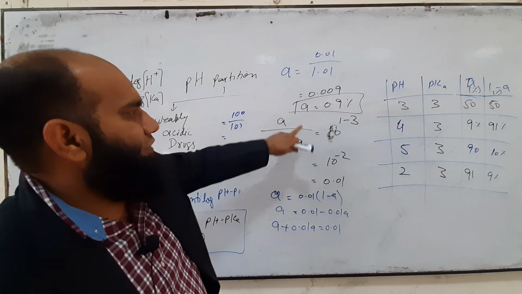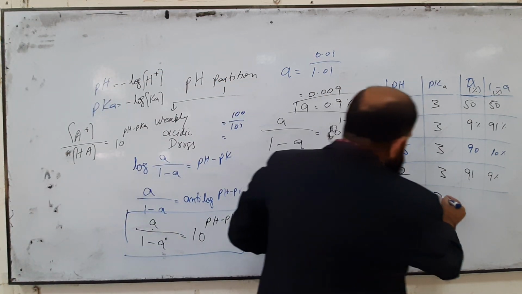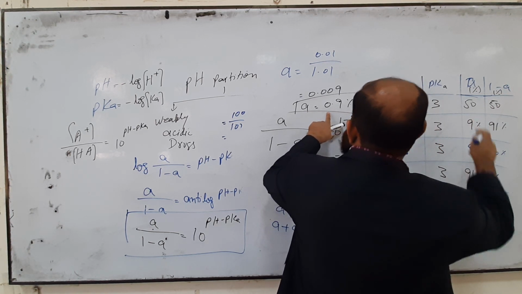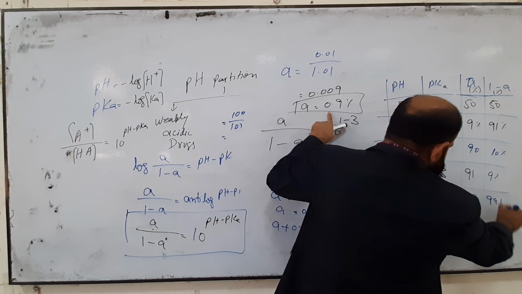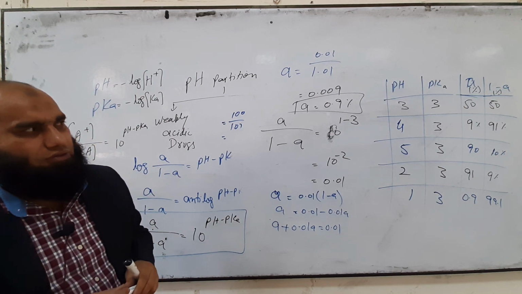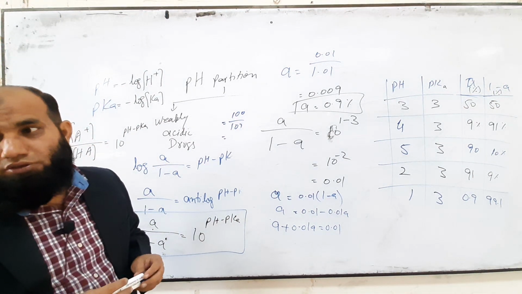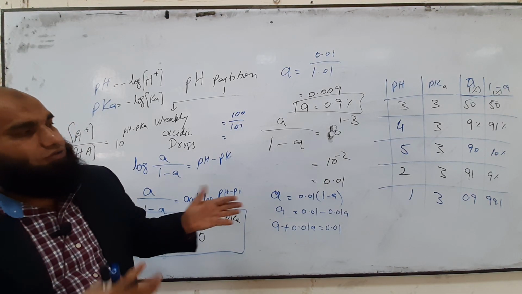We are discussing this 1 minus 3, where we have 3 and here is 1, we can write 0.9% is ionized and 99.1% is unionized. Is it okay? There is some difference we can check.